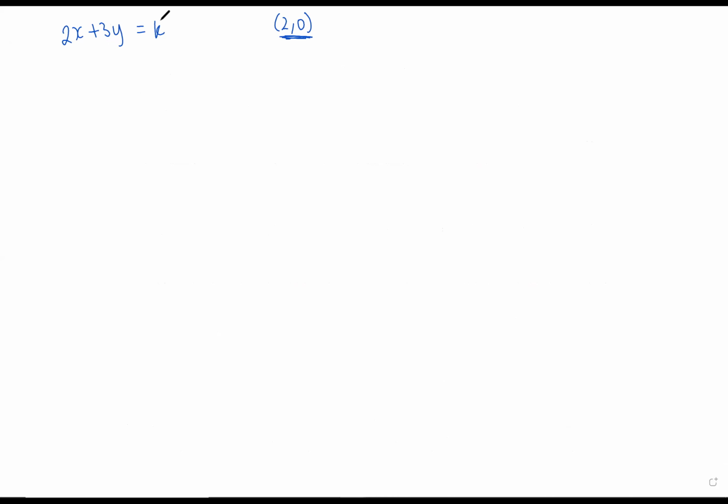If we need to find the value of k, if this is a solution, then what will happen? Does anyone remember? Ma'am, we have to put those values in the place of the variables and solve it. Okay, so let's do that.